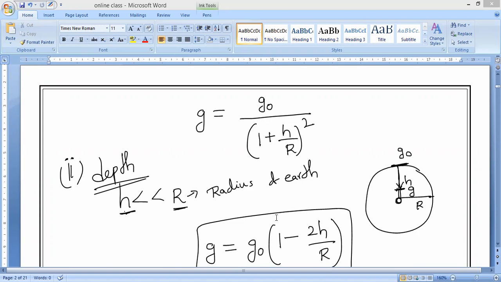If h is extremely less, then the relation is G is equal to G naught into (1 minus 2h divided by R). Are you clear, everybody? So this is the first thing. Based upon that, let us go and study it.